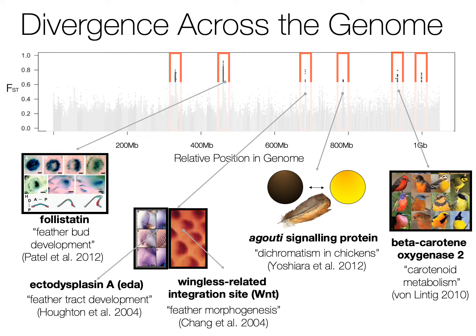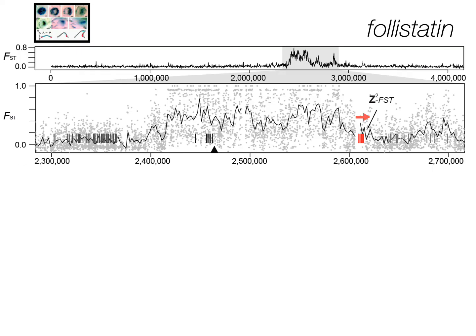So this is very exciting. 4 of the 6 divergent regions are really close to genes related to plumage in some way, whether it's pattern or coloration, which was very, very, and continues to be surprising. We can zoom in on these regions to better characterize the variation around the gene, because we might expect that the variation would be within the gene itself, but we don't find that at all.